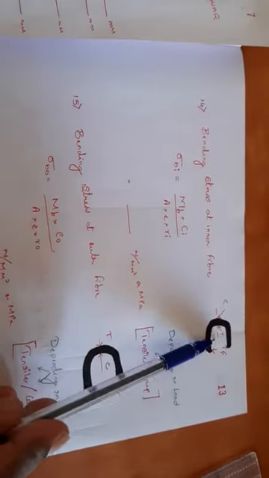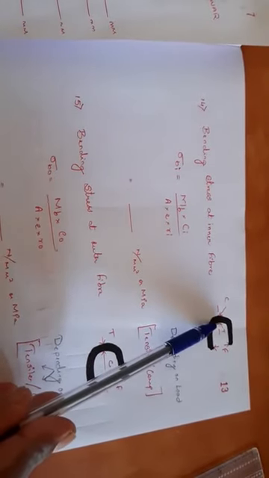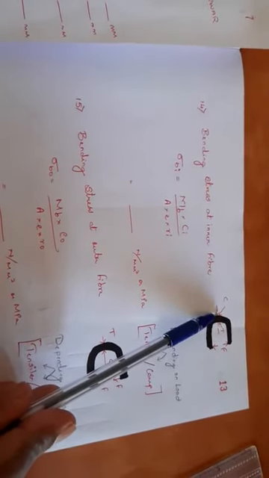If this is the condition, the inner side is tensile and the outer side is compressive. Bending stress at the outer fiber is MB, CO over AE, RO. Depending on the load, it is tensile or compressive. If the load is compressive, the inner is compressive and the outer layer is tensile.